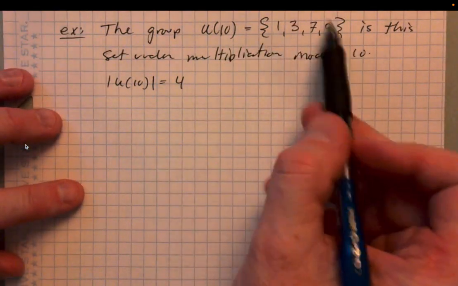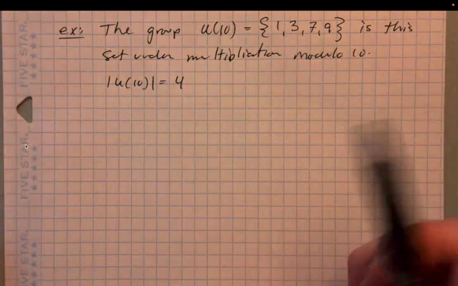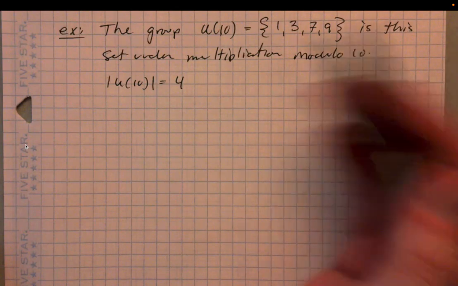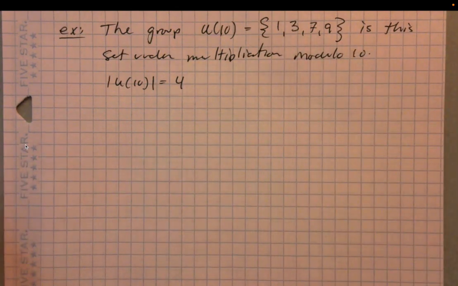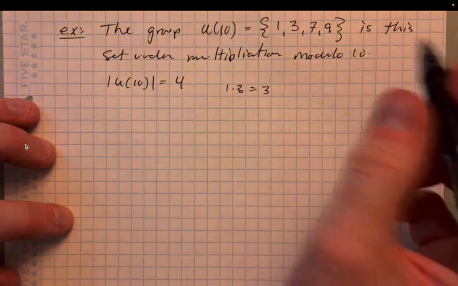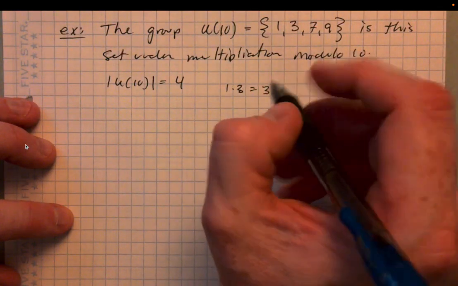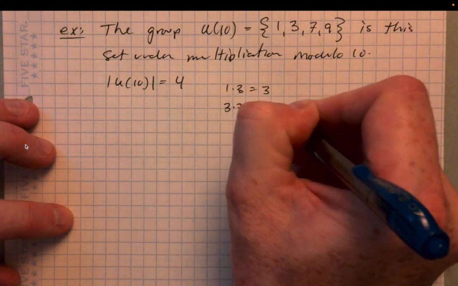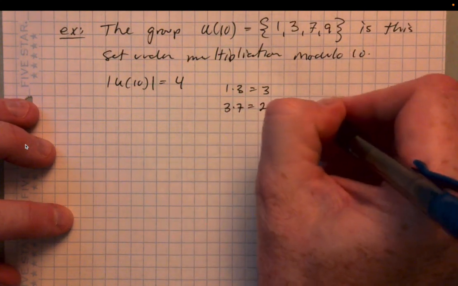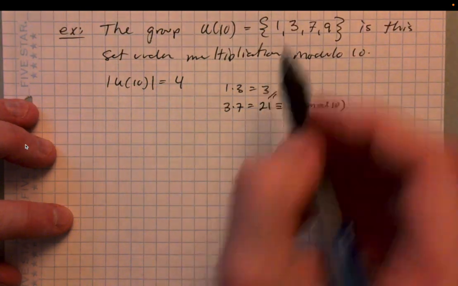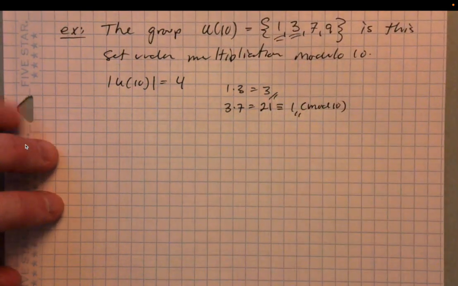So the idea is that all of the elements in this group, if you multiply them together and take the result modulo 10, you'll note that you have closure here. So for example, 1 times 3 is 3, which is in the group. 3 times 7, how about that one, is 21, which is congruent to 1 modulo 10, which is in the group. These are the group elements, right? We're just reading them back to ourselves, right?